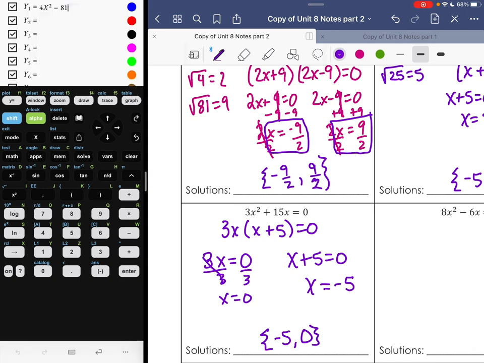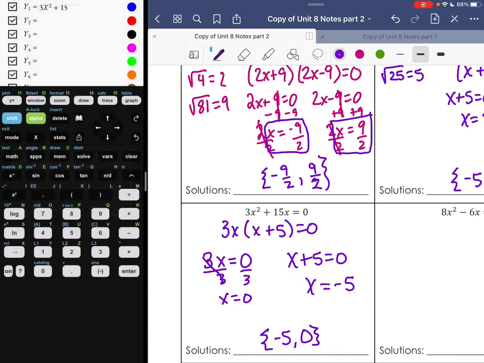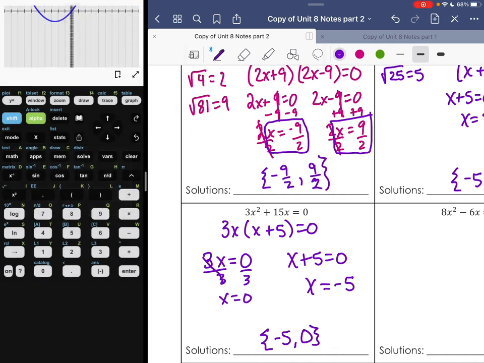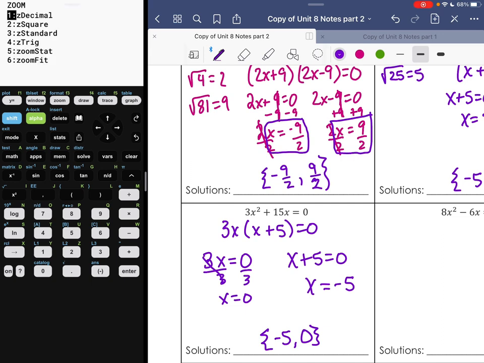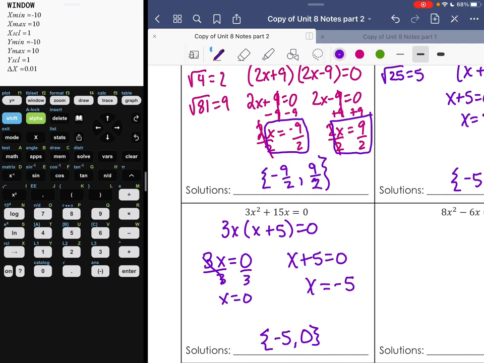I'll graph this one real quick just so you can see what I'm talking about. 3x squared plus 15x, and let's go down to about -20.